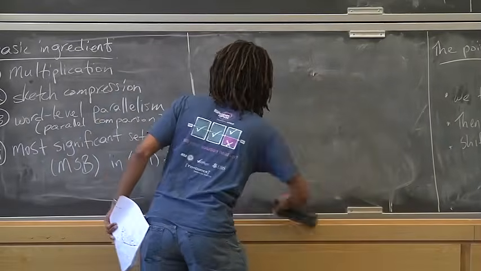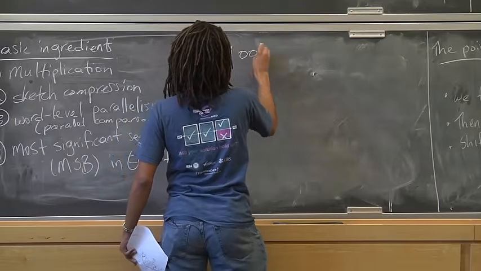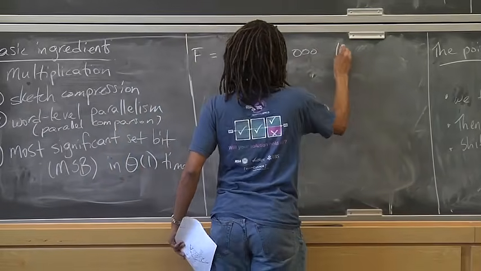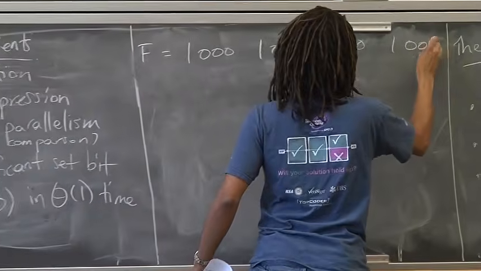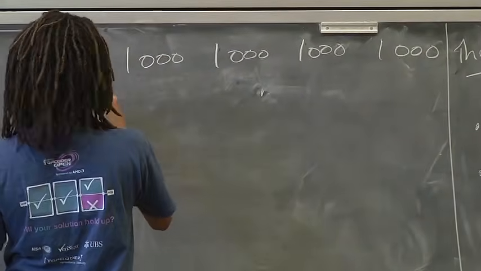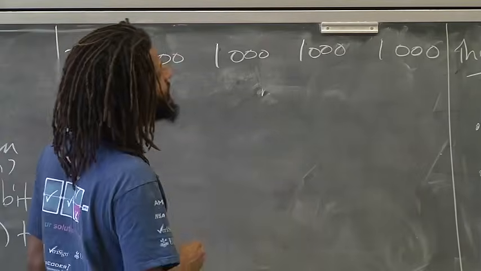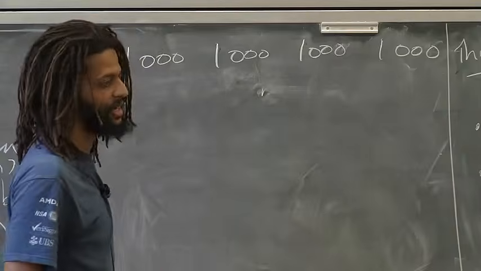So what does that look like? f looks like 1, 0, 0, 0, 1, 0, 0, 0, 1, 0, 0, 0, 1, 0, 0, 0. And x XOR x and f looked like, well, it doesn't have any 1s in the leading positions.